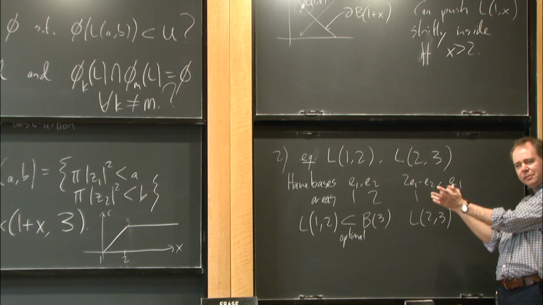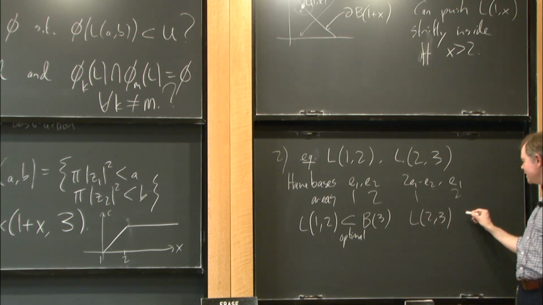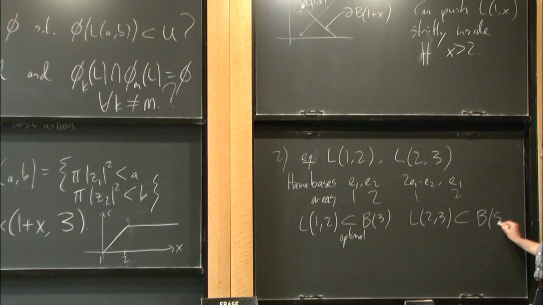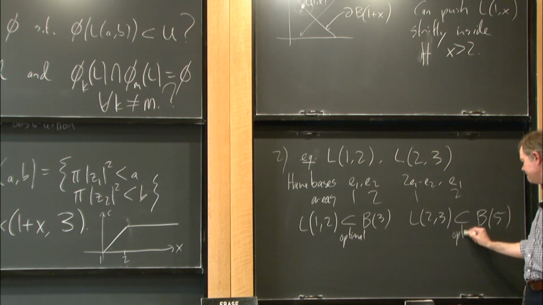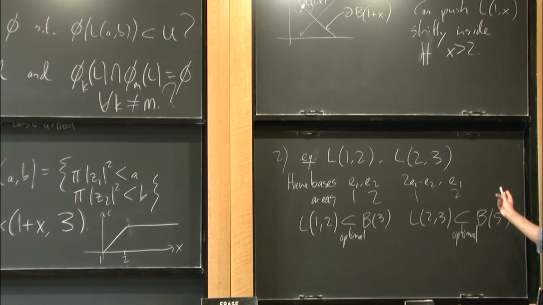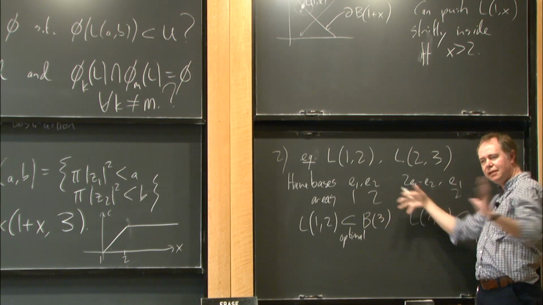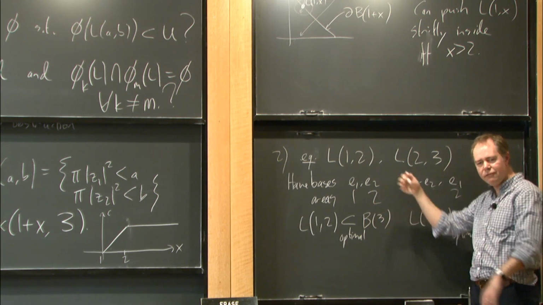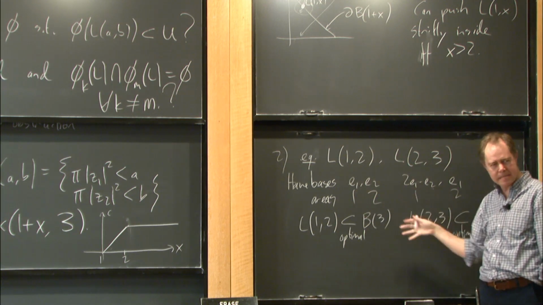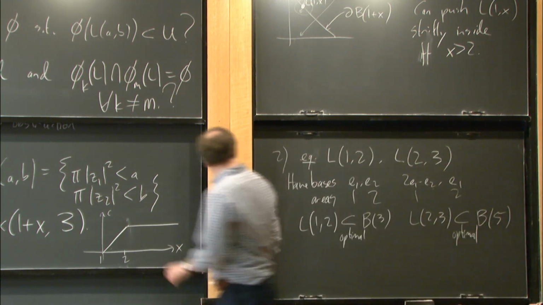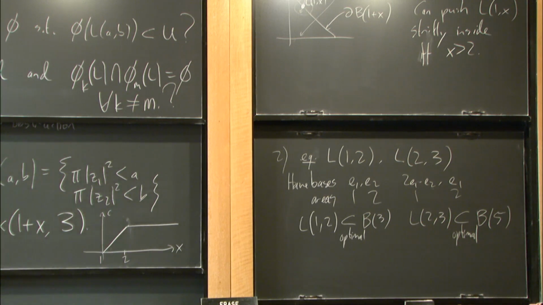Again, the inclusion is optimal. That sits inside B2.5, so if you scale it, this goes inside B5, optimal. There are other proofs of this, but anyway, these Lagrangians are different in terms of squeezing, even though they have the same Maslov class and area class.